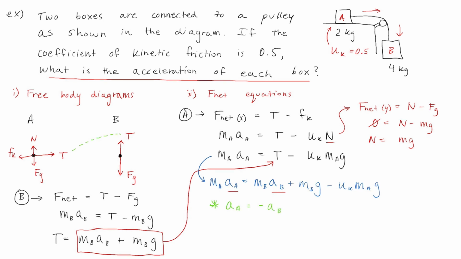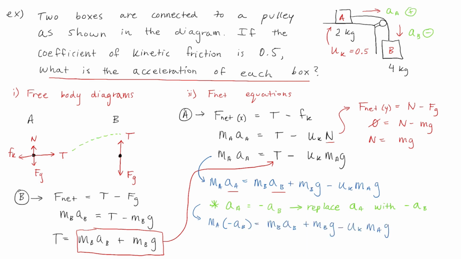And that's why we say the acceleration for box A is equal to the acceleration of box B. The acceleration for box A is positive and the acceleration for box B is negative. So what we're going to do is replace the acceleration for box A with negative the acceleration for box B. And so I'll plug that value into the equation.